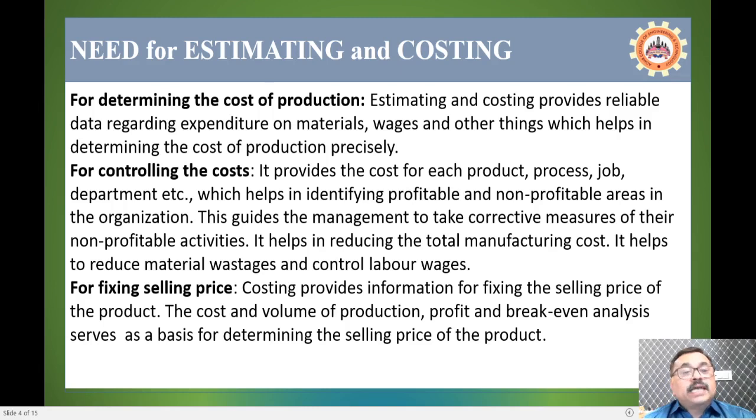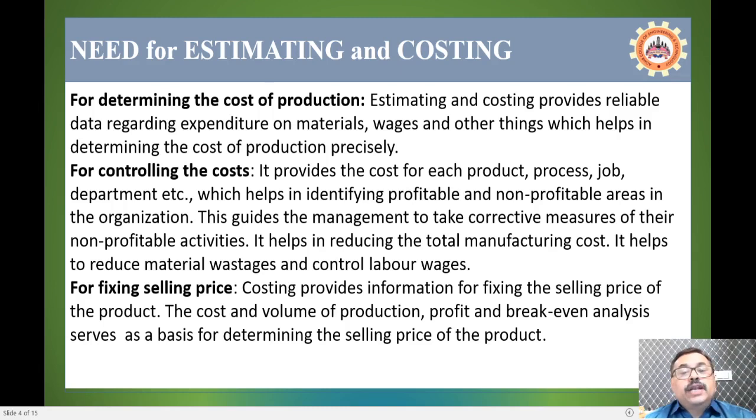After controlling the cost, that is, for how to control the cost, it provides the cost for each product, process, job, department, etc., which helps in identifying the profitable and non-profitable areas in the organization and guides the management to take corrective measures for their non-profitable activities.